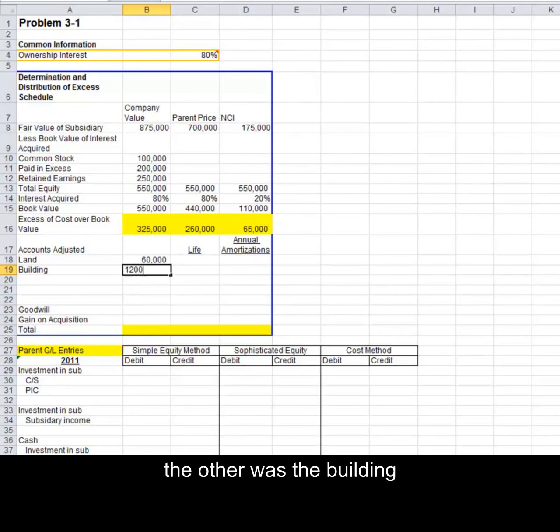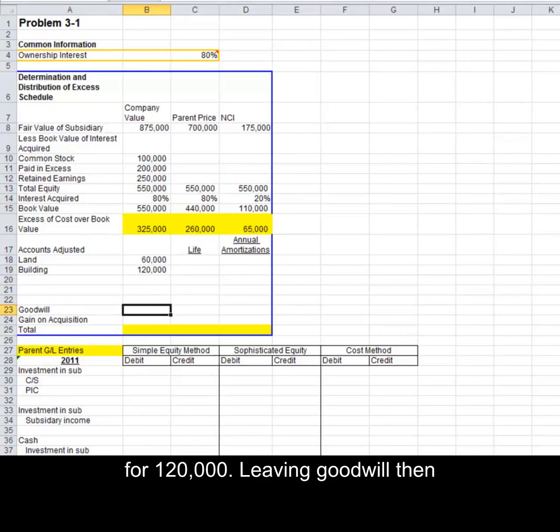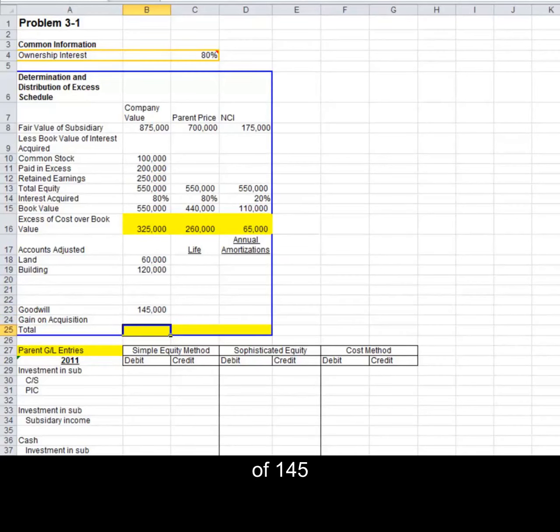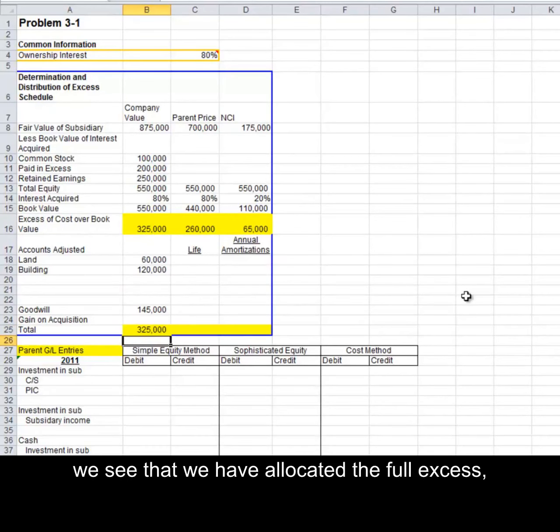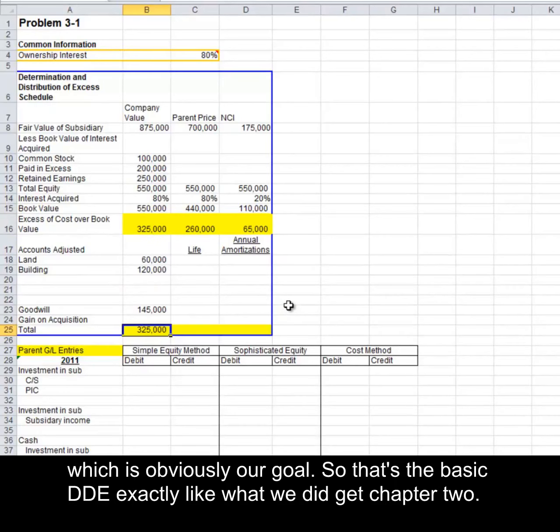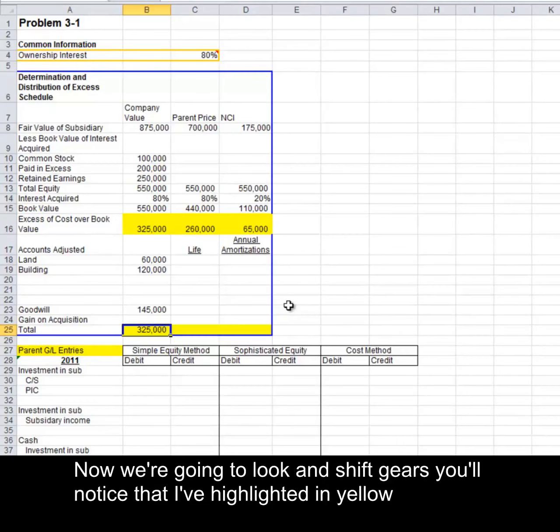The other was the building for $120,000. Leaving goodwill then of $145. And again, if we sum those, we see that we have allocated the full excess, which is obviously our goal. So that's the basic DDE, exactly like what we did in Chapter 2.